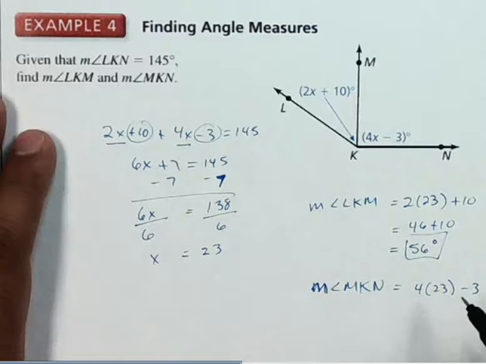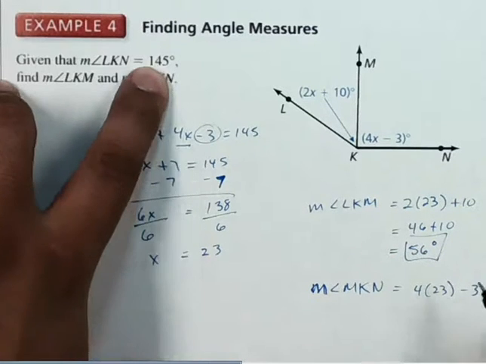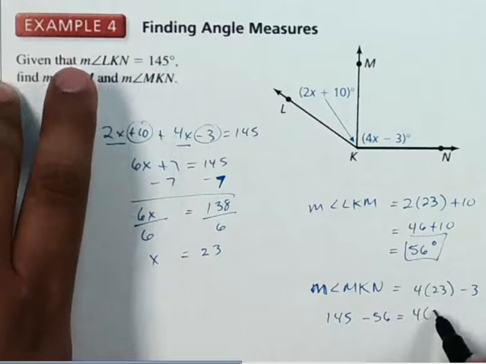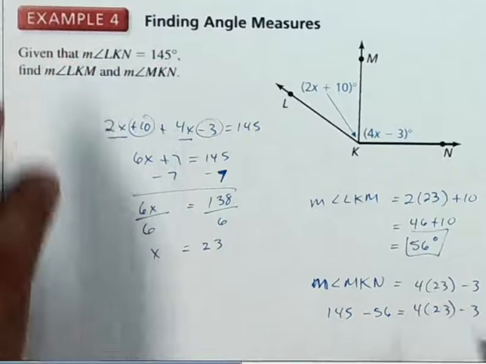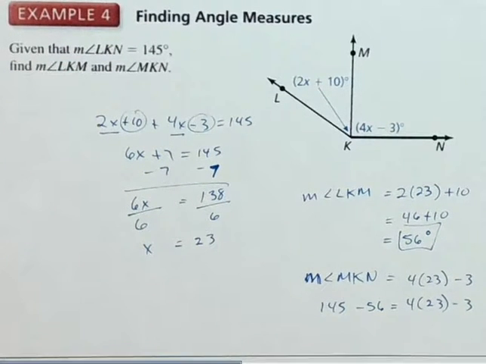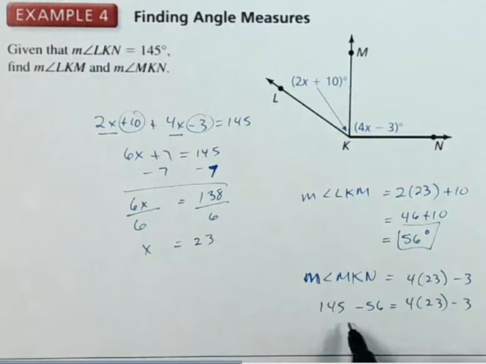Or you could also look at it, since you know the sum is 145, you could also do 145 minus 56. Either one is going to give you the same thing. Those two things are equal. And in either case, you end up getting that this angle is going to be equal to 89 degrees. All right, so those would be your final answers.